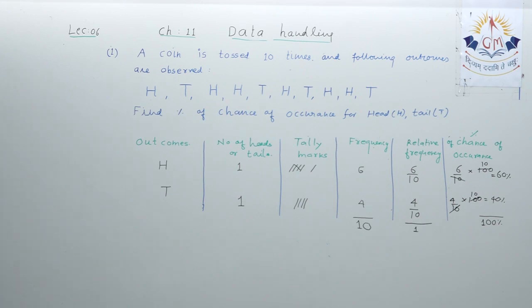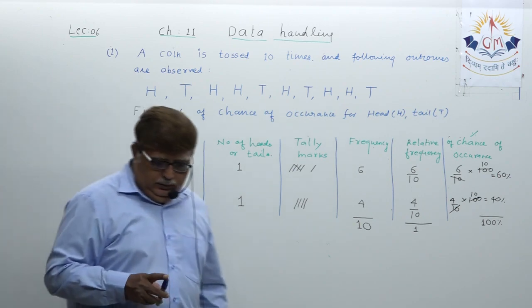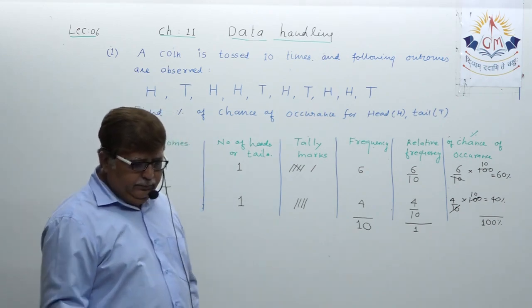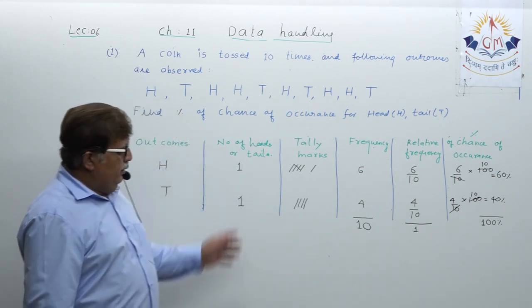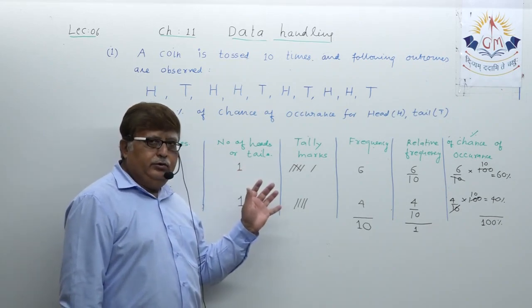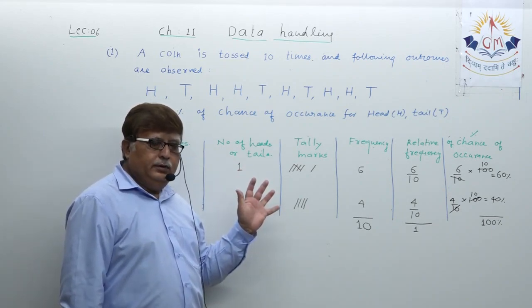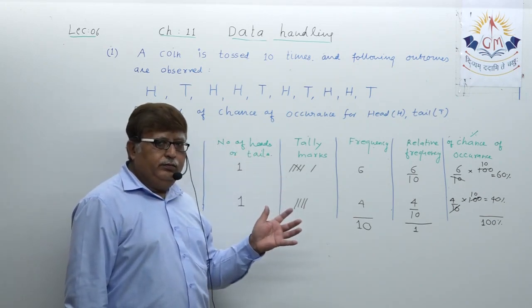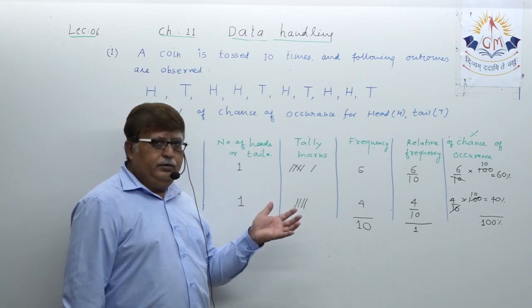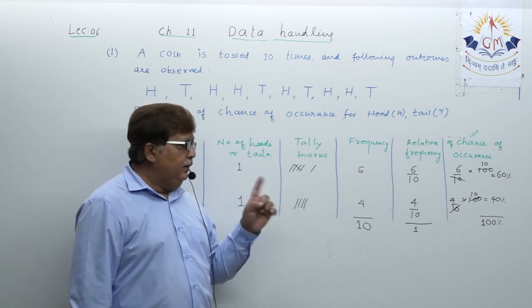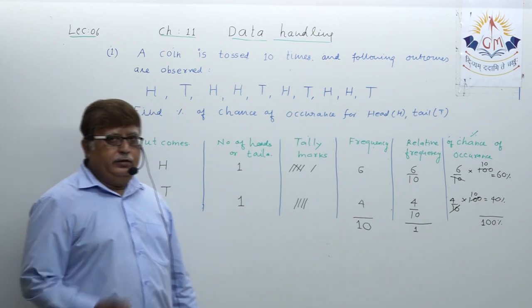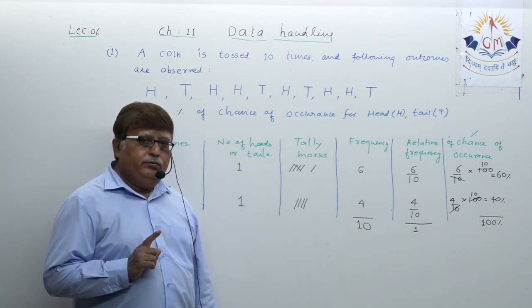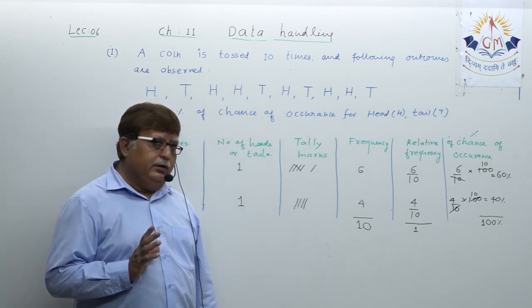First you need to understand this. Is it clear? Have you understood how to make columns, how to title the columns, how to find relative frequency, and how to find the percentage of chance of occurrence?